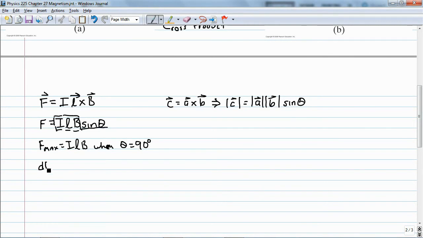So we can have the differential force, dF, is equal to, remember that I is a current, L vector cross dB, meaning that the magnetic field changes through the length, or we can have the differential force is equal to I dL, differential length, but the magnetic field remains constant.